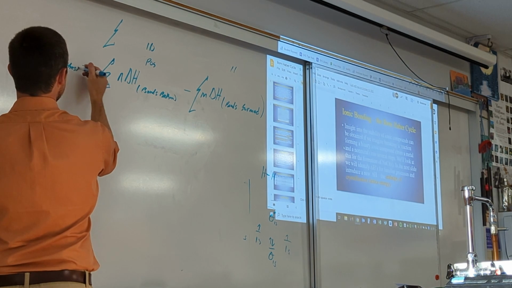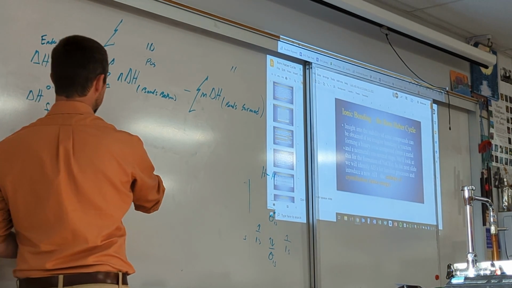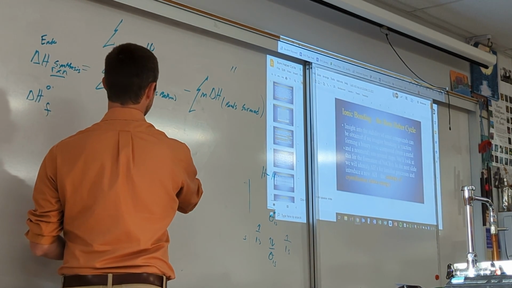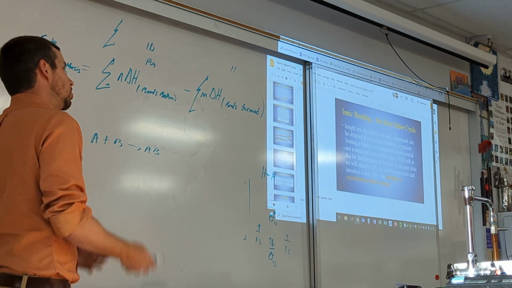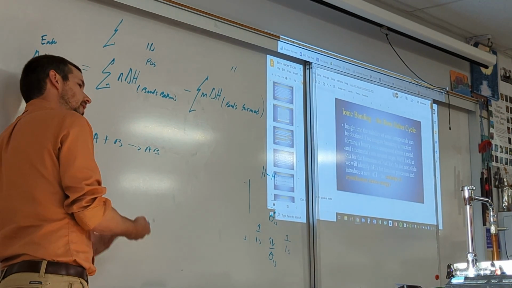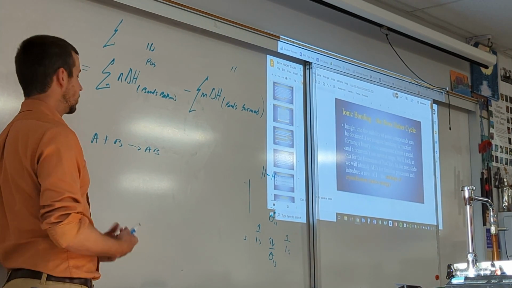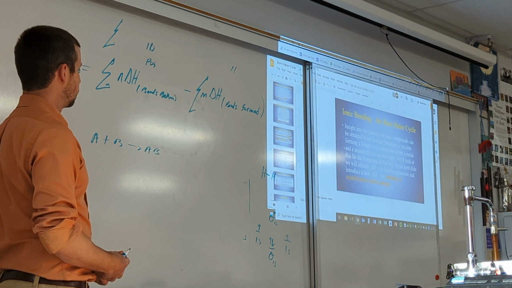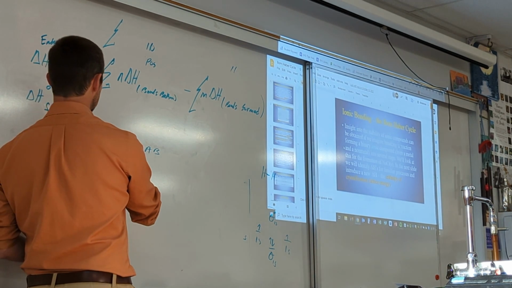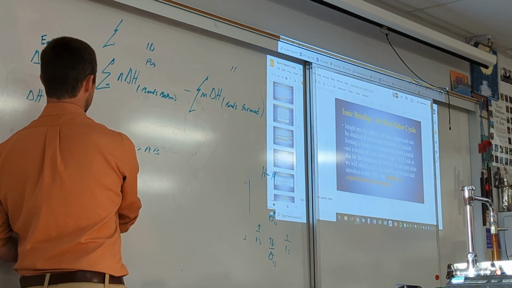What about if this is, we haven't defined these types of reactions yet, I'm just curious. Do you remember what a synthesis reaction is in general? In general, do you think that takes energy or removes energy from a system?